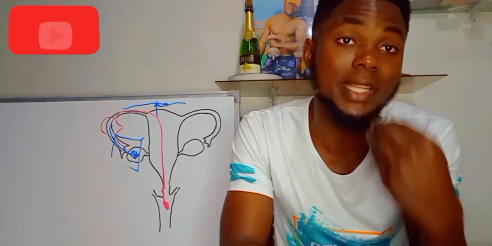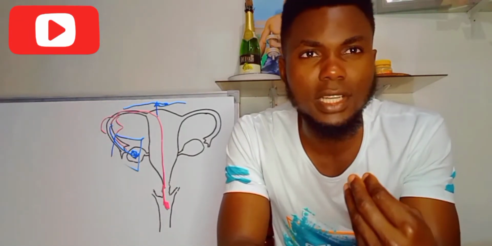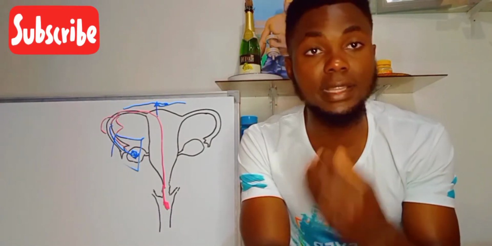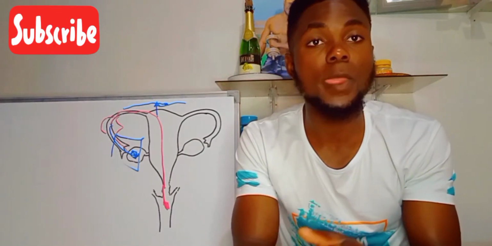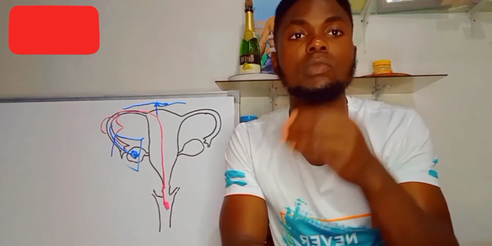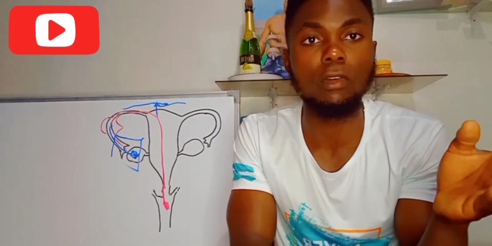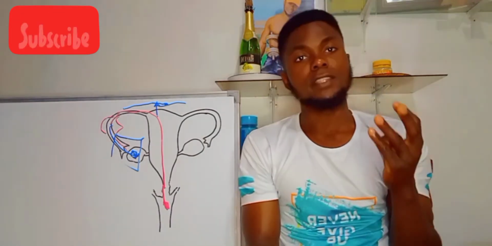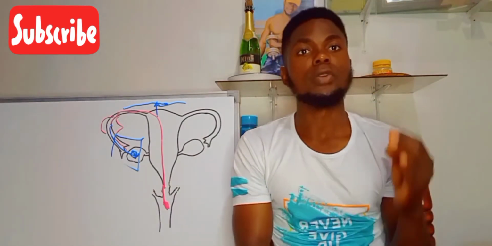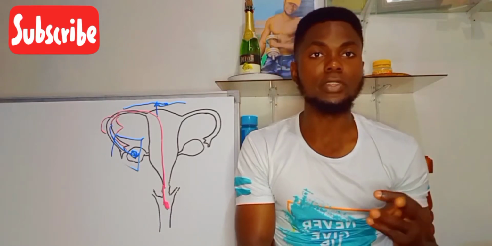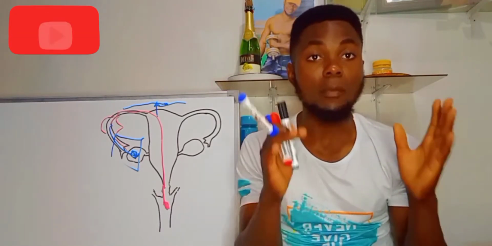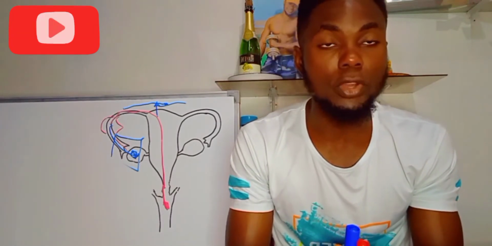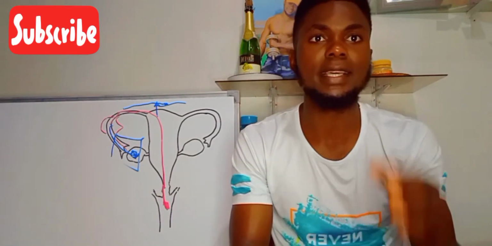They have the ability to move upwards, to migrate and cross the cervix, enter the uterus, go to the fallopian tubes and furthermore to the ovaries. So once you have a sexually transmitted infection or a urinary tract infection, the causative agents have the ability to move upwards to those areas and cause what we call pelvic inflammatory disease.